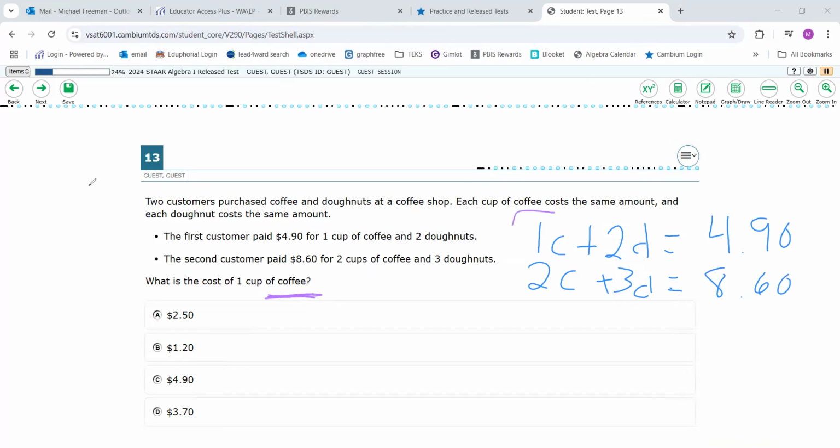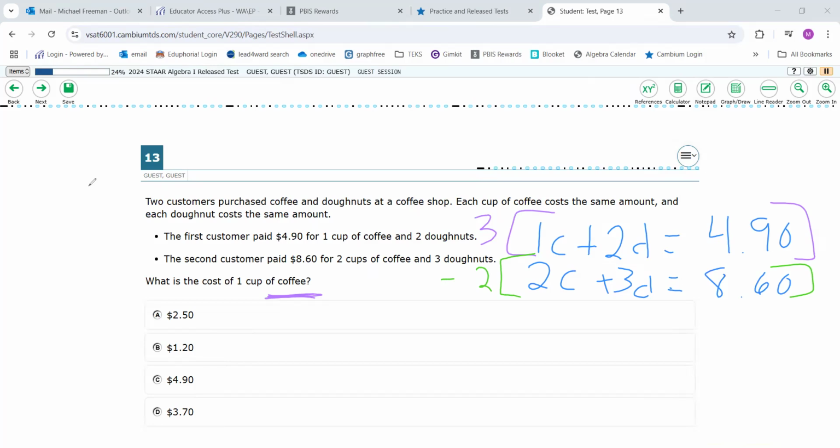So I'm going to multiply this entire top equation by 3 because 3 times 2 will make that 6. And then I'm going to multiply the entire bottom equation by -2 because -2 times 3 will make that -6. And +6 and -6 eliminate. And that's the whole point.